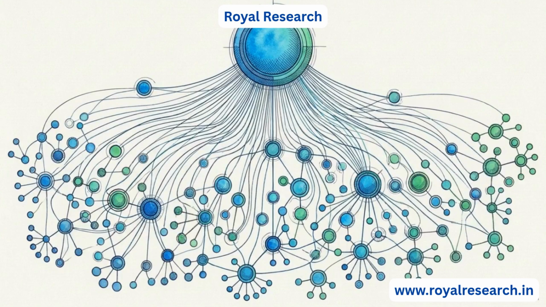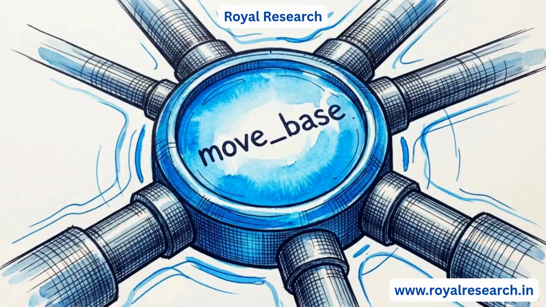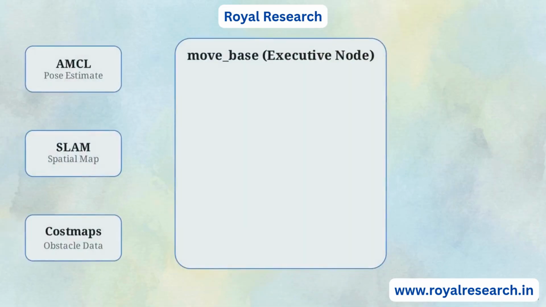Managing these simultaneous spatial processes requires an overarching software architecture. The Move base node serves as the executive coordinator for the entire ROS navigation stack. Asynchronous data streams from AMCL, SLAM, and cost maps feed directly into a central Move base hub on an architectural flowchart.